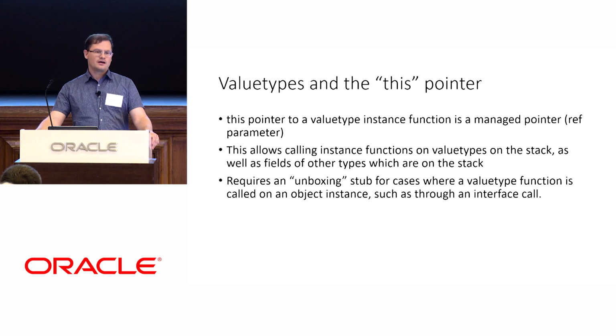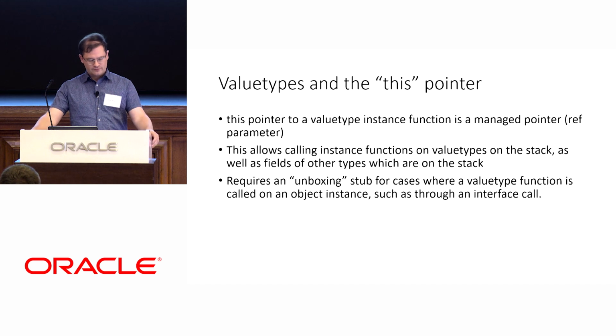And in the CLR runtime, it's off by one pointer. And so this adds the concept that when you call a function on an actual boxed value on the heap, it needs to be unboxed to be executed. But the unbox is simply that the this pointer is adjusted and then passed on to the next function.